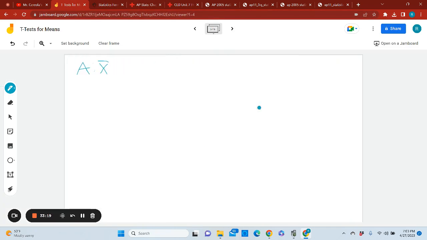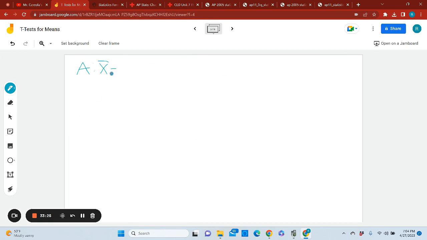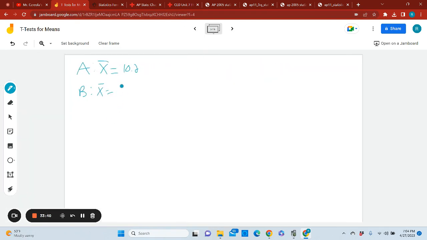Who cares about that part, really? Let me just go back and double check. 10.2. Okay, so x bar for group A was 10.2. And for group B, x bar for their group was 16.4. So they had a bigger reduction in cholesterol.